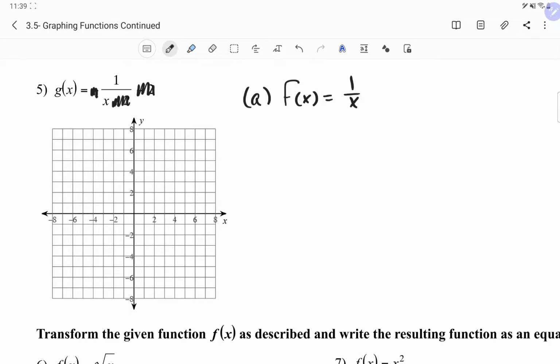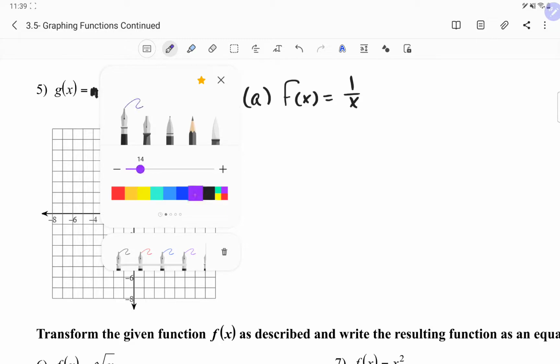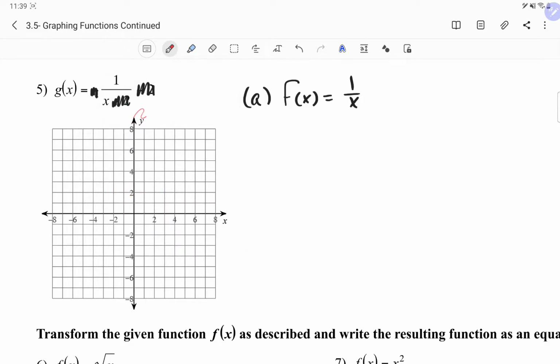What I want you to focus on here, and I'm going to do this in red, is what's called an asymptote. An asymptote is a line that the graph does not actually cross through. The reason it can't cross through this axis is because we can't have x equal to 0 in our parent function.